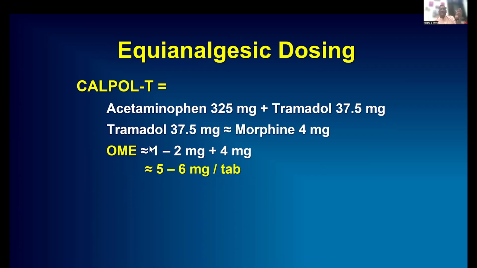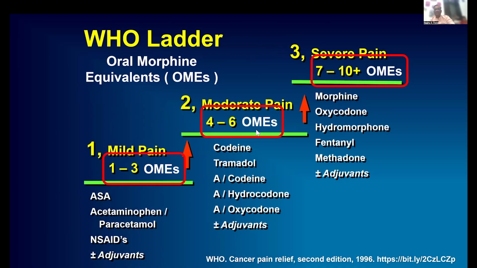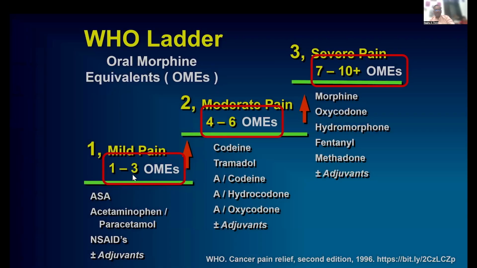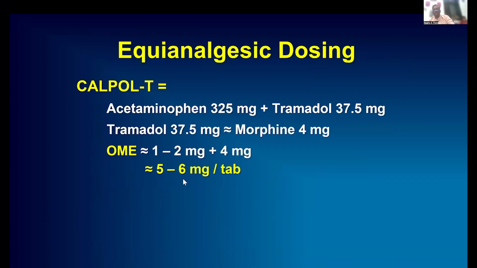So if you go back to this table, tramadol falls in 4 to 6 oral morphine equivalents. I have taken it roughly 4 milligrams. And acetaminophen or paracetamol falls into 1 to 3 oral morphine equivalents, so you take it 1 to 2. So if you add this, it always comes to 5 to 6 milligrams.